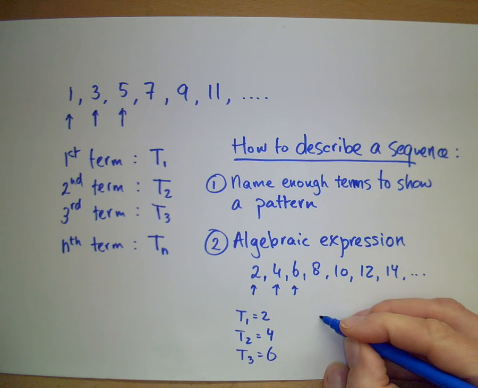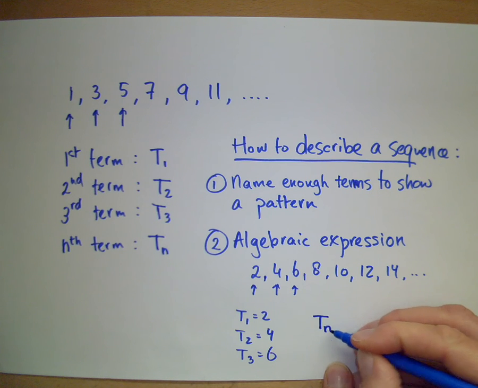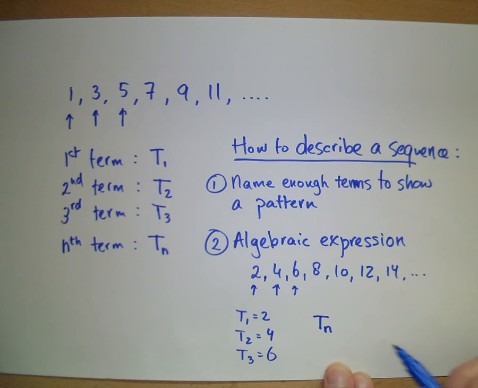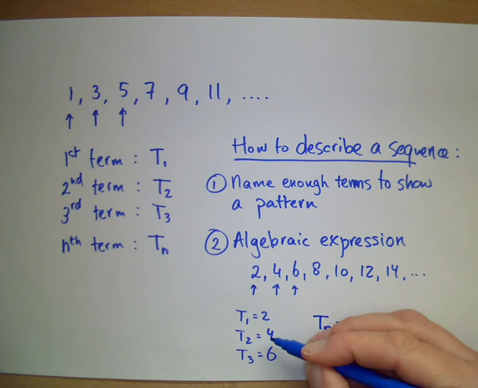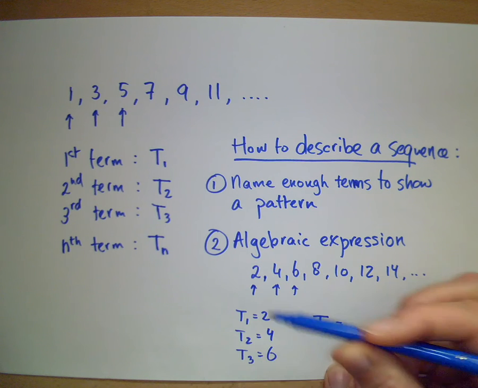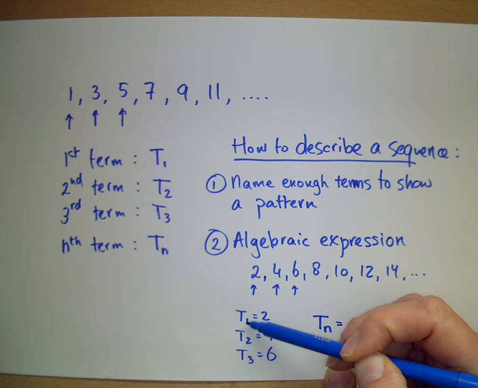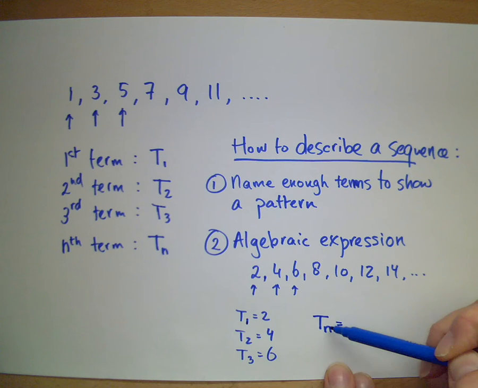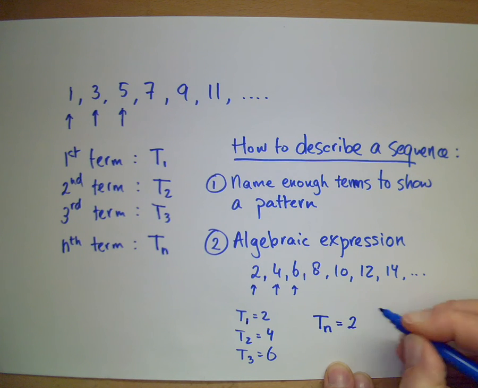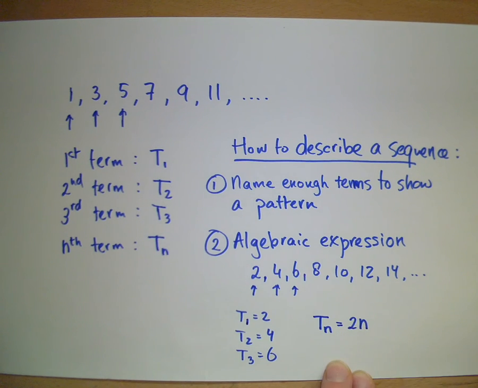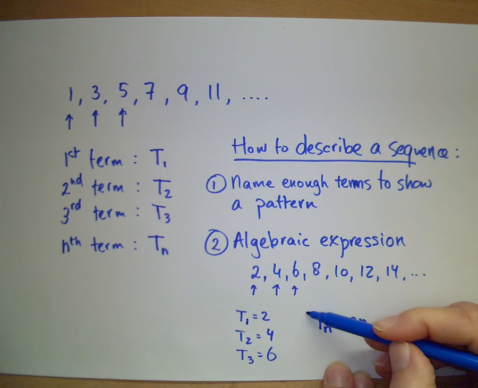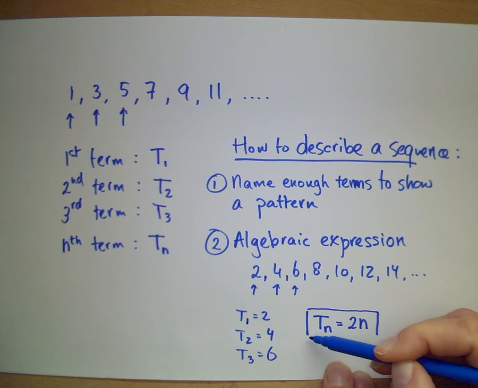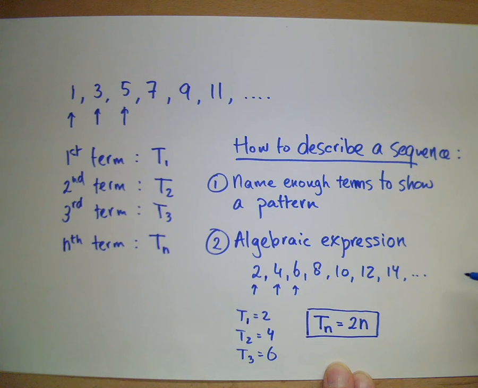So if we want to describe any term in the sequence, which is Tn, the nth term, any number in the sequence is always twice its number, right? Twice its position number, this 1, 2, 3, or n. So twice its term number, its position number. Tn equals 2n. So now, using this algebraic expression, we could find any term in this sequence.